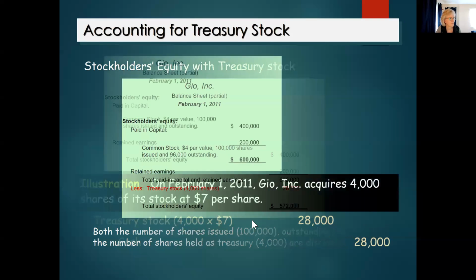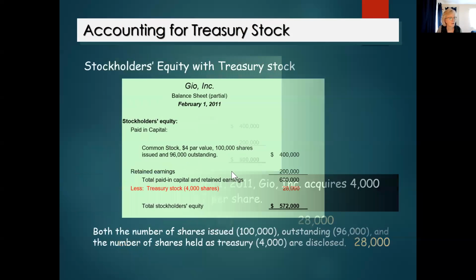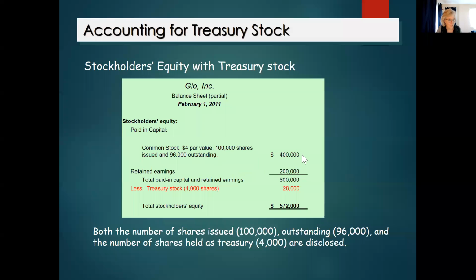Let's go back one. Up here, they had 100,000 shares issued and outstanding because they had no treasury stock. After this journal entry, they still have 100,000 issued, but they're disclosing that they have only 96,000 outstanding because they bought back the treasury stock.